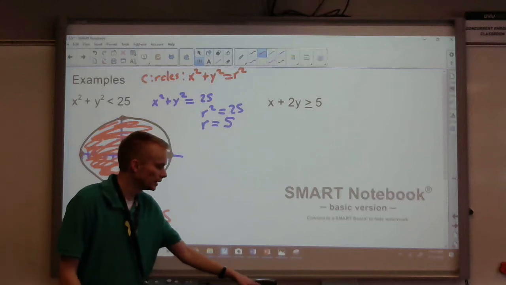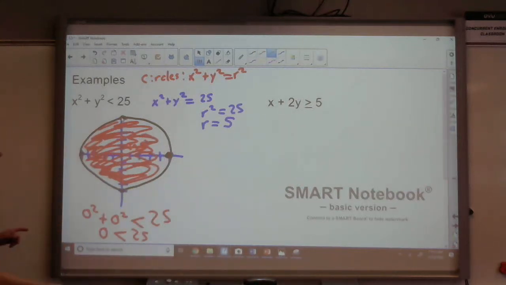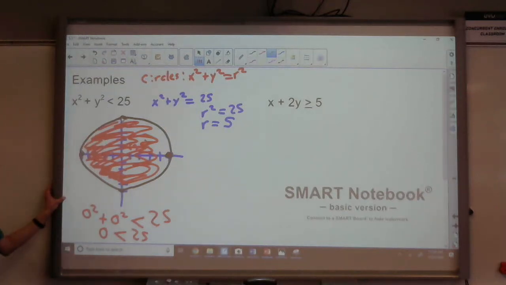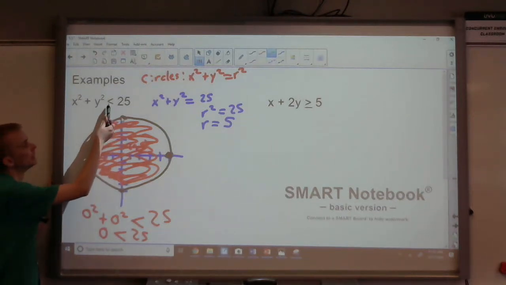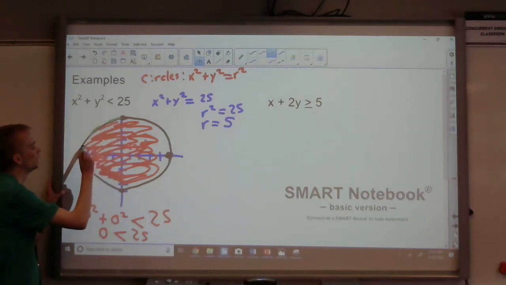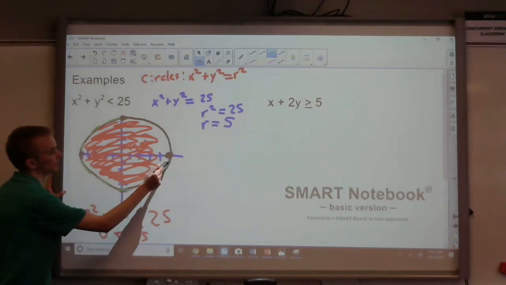Now, I should make sure, it can be really easy to forget to do dotted or solid lines. Should the line on this one be dotted or solid? Think about it for a sec. It should be dotted because there's no equal to here. So I should throw in, instead of a solid line, some dotted.